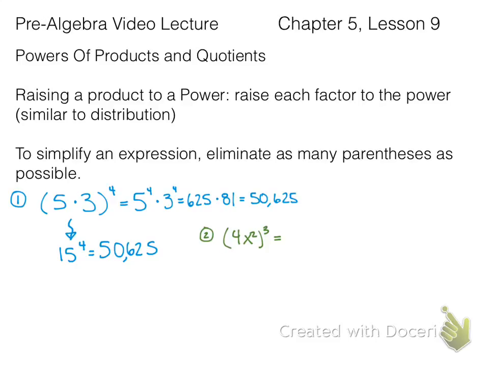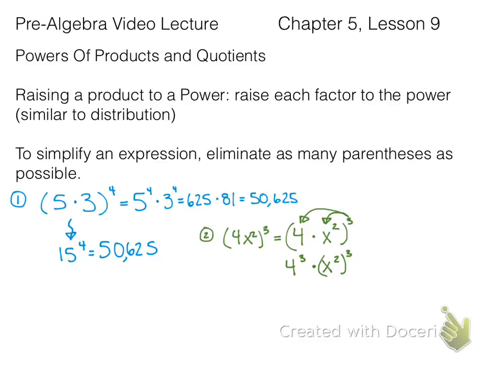So here's another problem. We have the quantity 4 times x squared to the third power. We can distribute the third power, like so, and we need to distribute the third power to the x squared, which is then x to the second to the third. Now, if you remember from a couple chapters ago, when you have a power to a power, basically an exponent to an exponent, which is the case here of the x to the second to the third, you multiply the exponents.